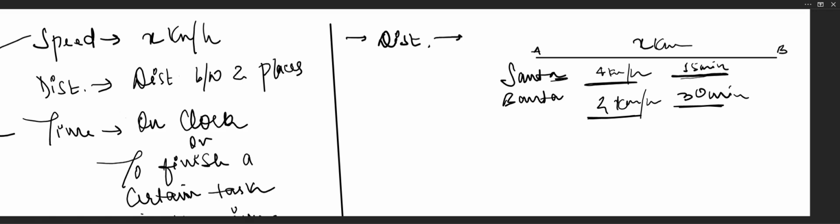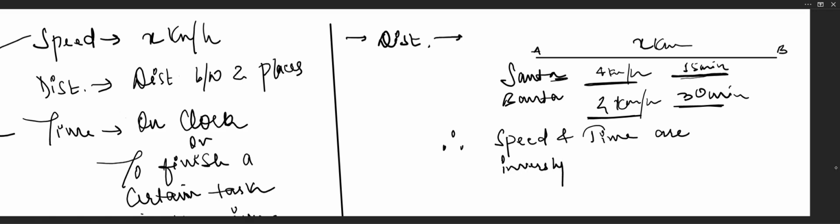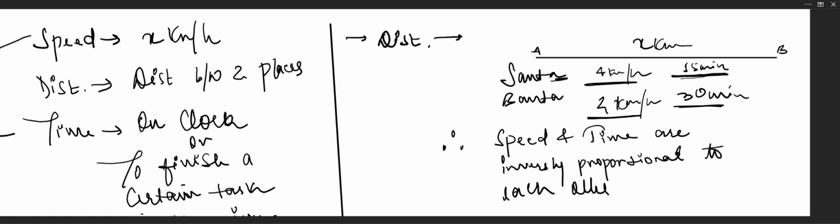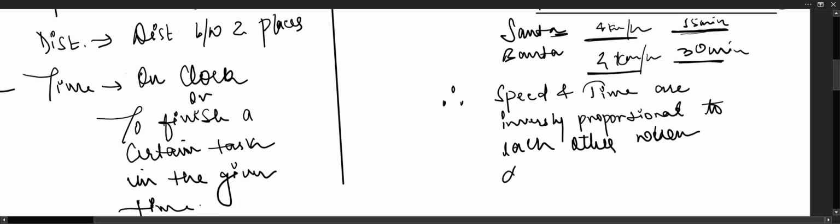So from here we can conclude that speed and time are inversely proportional to each other when distance is the same.